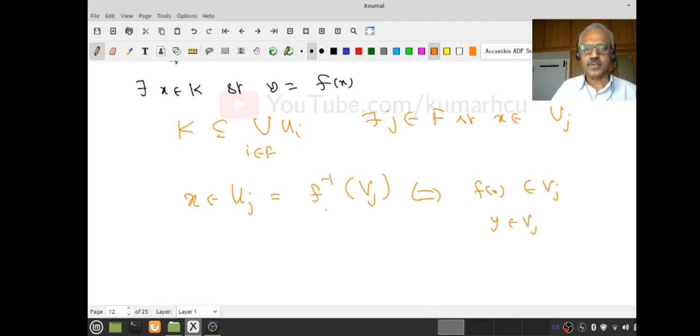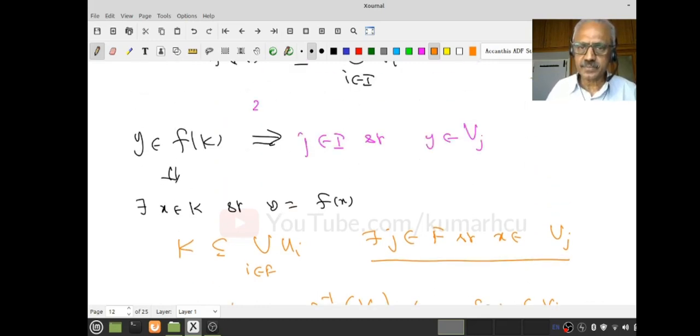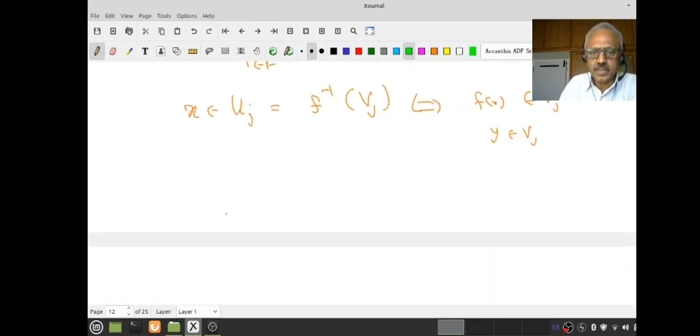So have I proved it? There is a j so that y belongs to V_j. Have I proved it? Yeah, that's done. Therefore what do you think I have proved? I have proved that V_j, j in F is a finite subcover.